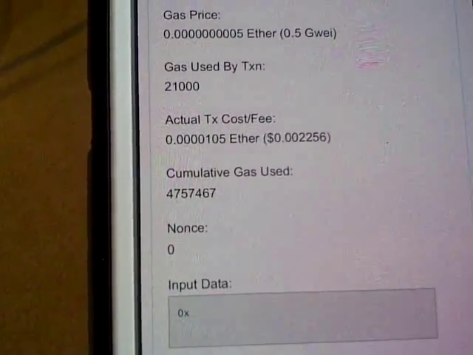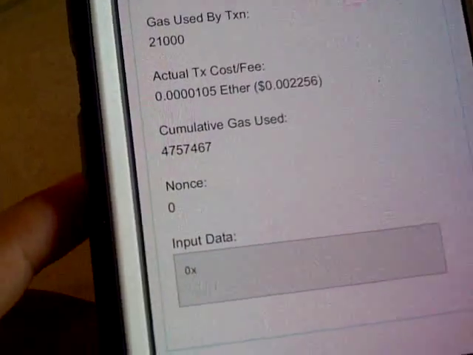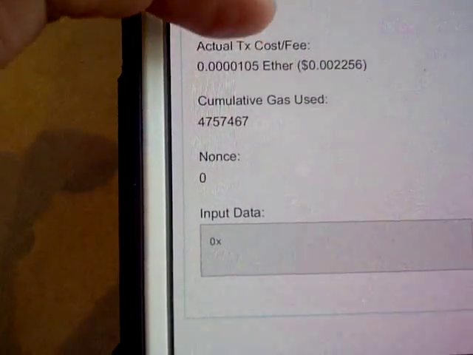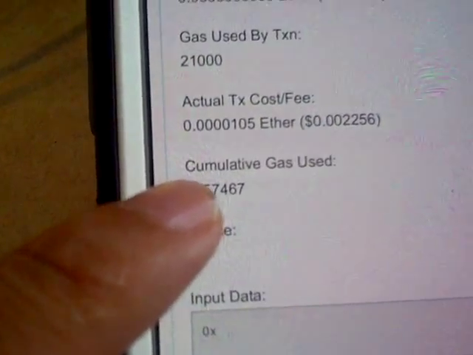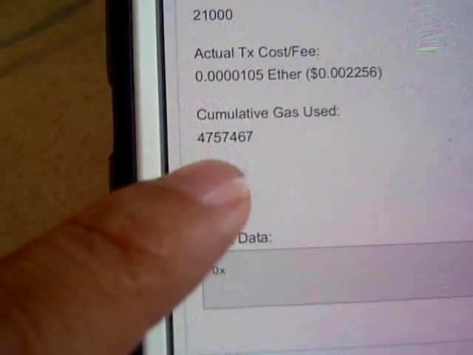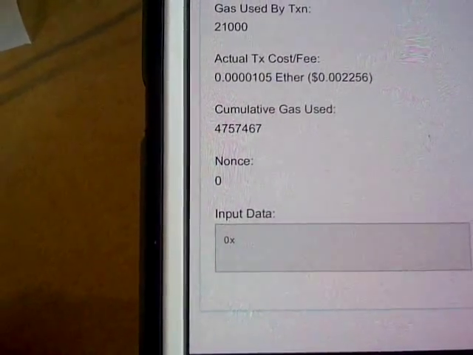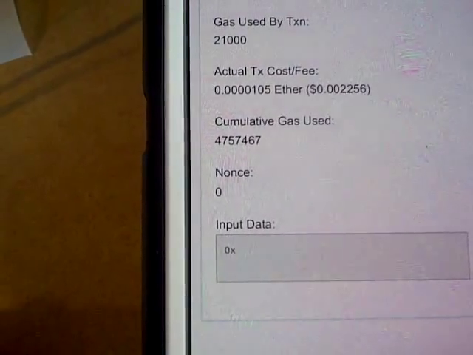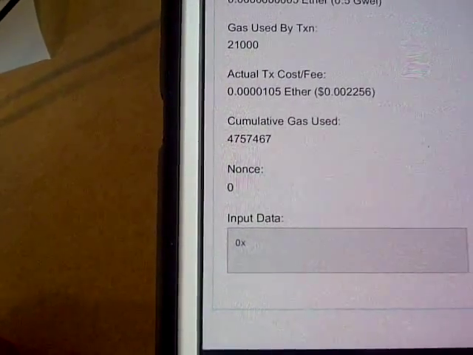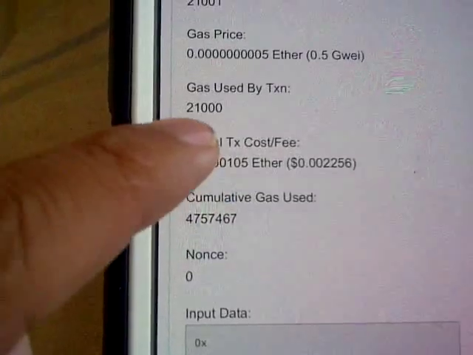It's not instant, but it doesn't take all day. It doesn't take 24 hours. And that was the gas used. I don't know what that means. Don't care. But there you go.